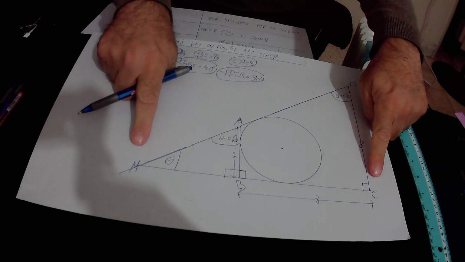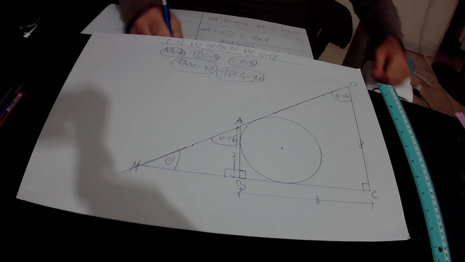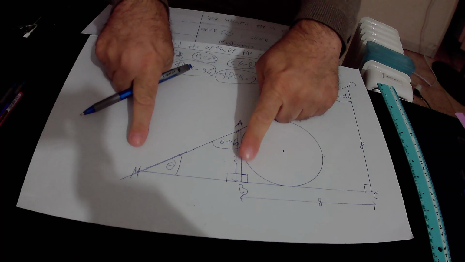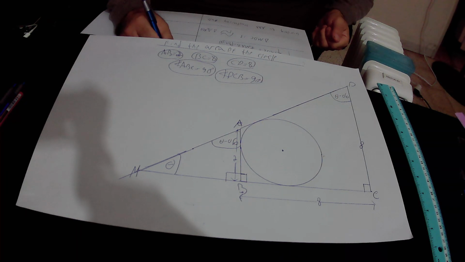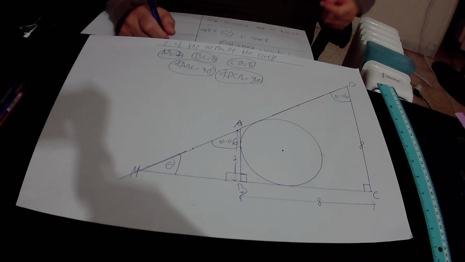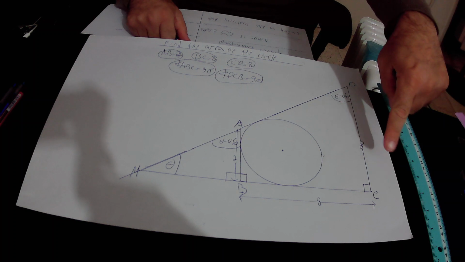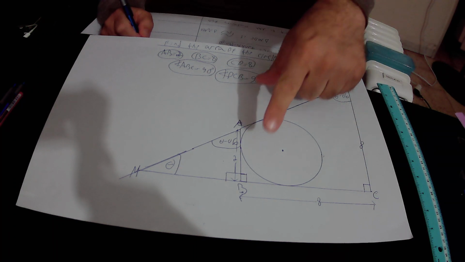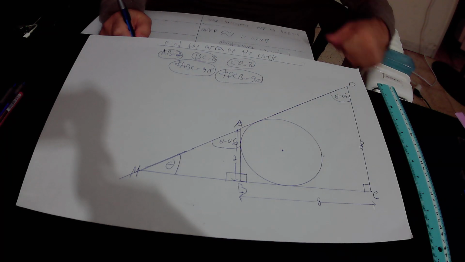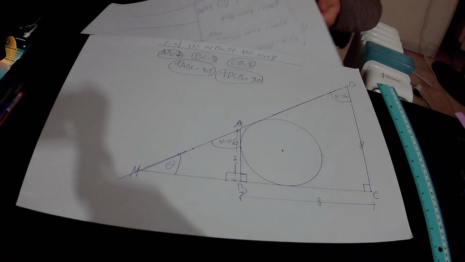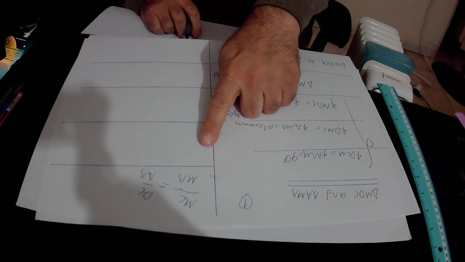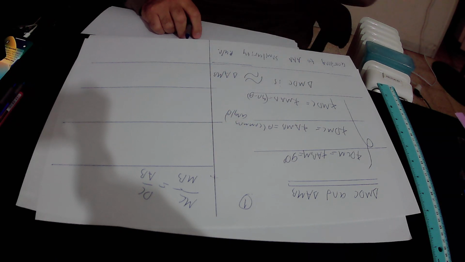MC in the big triangle over MB in the small triangle equals DC in the big triangle over AB in the small triangle. Again, MC over MB equals DC over AB.